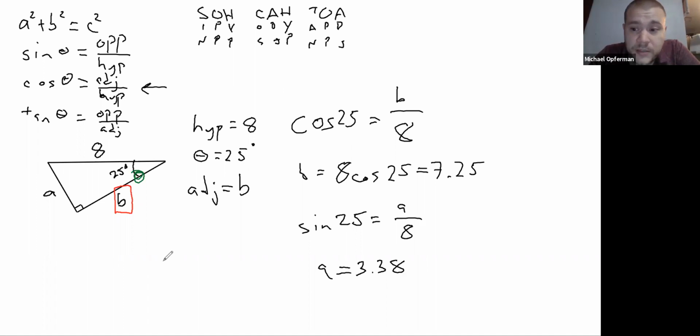A few notes about this: make sure that you understand what is the adjacent side and what is the opposite side, what's meant by those terms. If you don't fully understand how I knew that B was the adjacent side and A was the opposite side, definitely ask about that and get that cleared up, because that's a really, really important point that will cause you to make mistakes throughout the whole course.